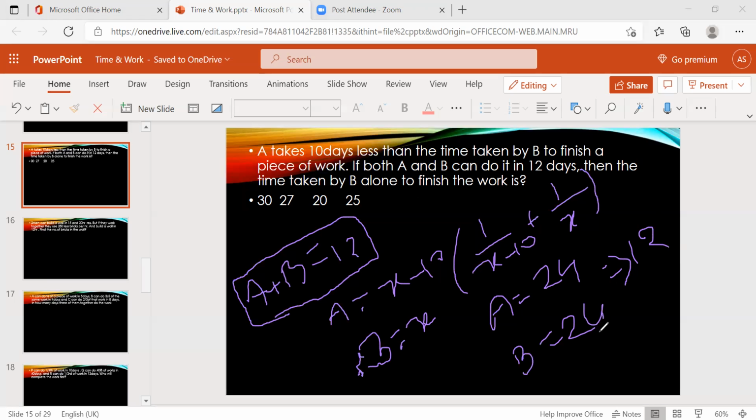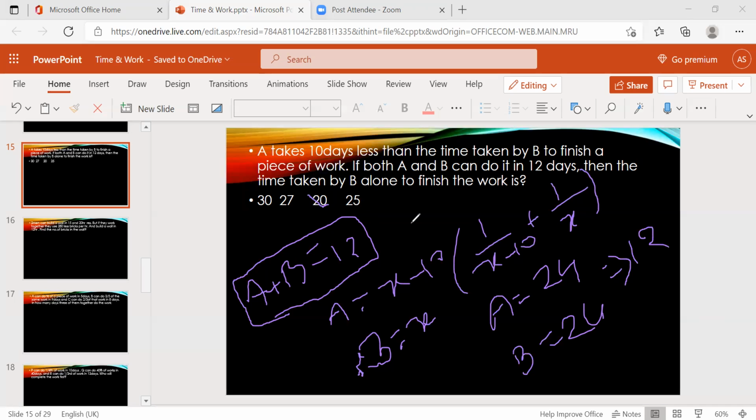A is 10 days less. That means definitely B is more than 24, right? Then only A will take 10 days less. So definitely B is greater than 24. Okay. Option C is eliminated.